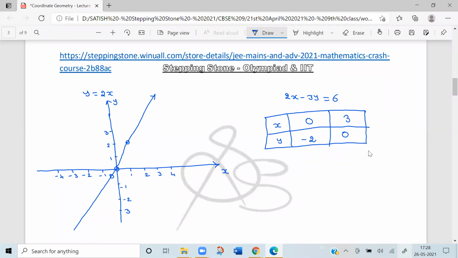Now, the ordered pairs that we have taken are 0, minus 2 and 3, 0. Now, tell me where 0, minus 2 lies. Where will it be? Sir, in second quadrant. No, it will not be on a quadrant.